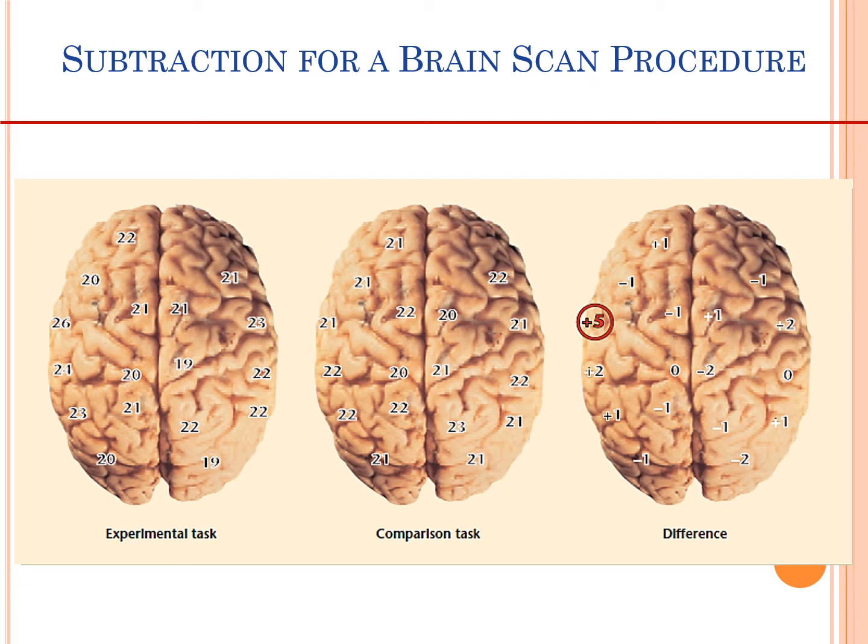So my experimental task might be looking at words on a screen and reading. And then my comparison task might be something like looking at a foreign language that we know the person doesn't understand. So they're looking at something very word-like. What's going on visually is similar, but the component of reading has been taken out. What I'm assuming he's showing in the difference, with the +5 and the +2 behind it, is those left areas near Wernicke's.